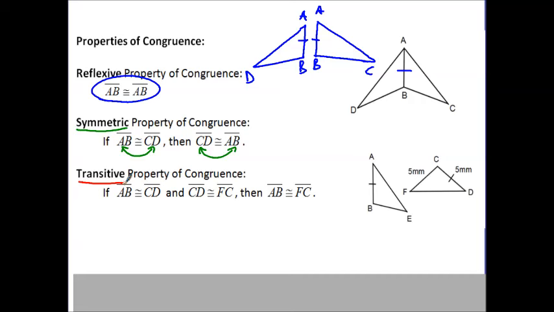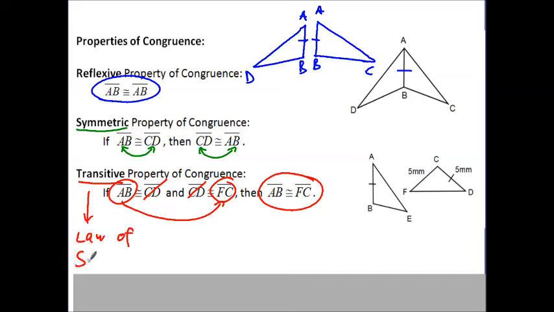In other words, segment CD is the link between the two first statements, and we can cross that out, and therefore we can connect segment AB to segment FC and make the statement that segment AB has to be congruent to FC. Remember, that's also how the law of syllogism works.